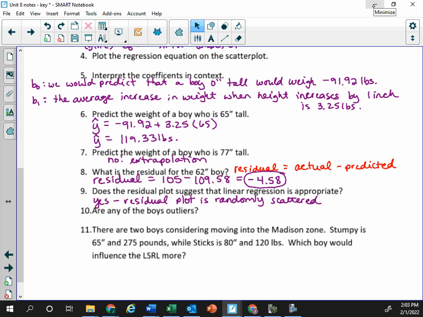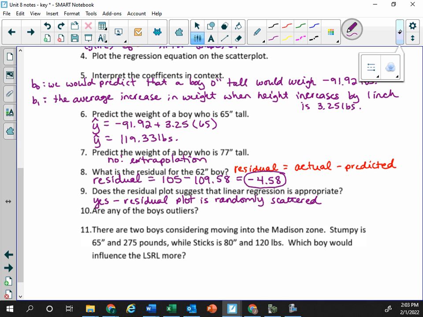Okay, so the way you would describe this, are any of the boys outliers? No. And you'd support that by saying box plot of residuals does not show any outliers. No outliers on residual box plot.